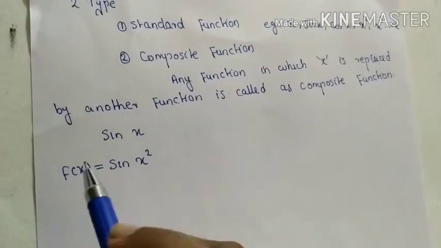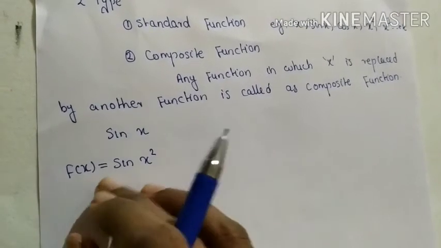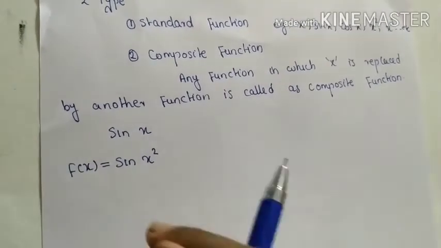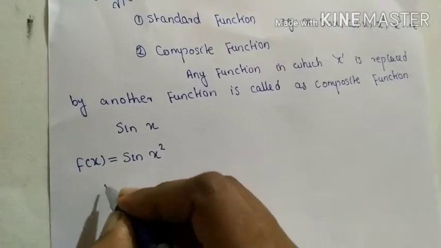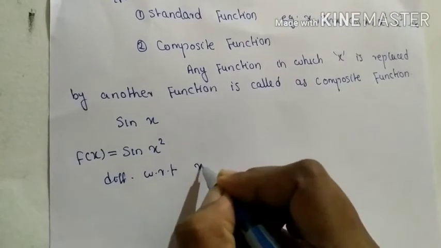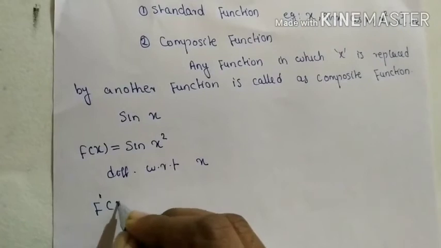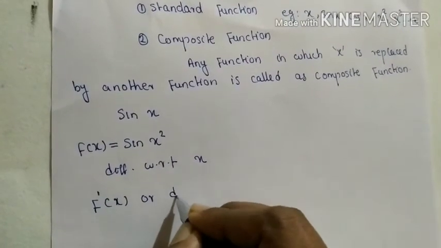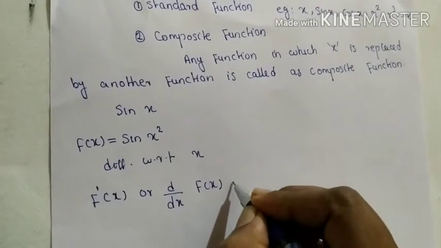Let us take our function sin x square. Differentiating this composite function with respect to x, it can be written as f dash of x or d by dx of f of x, which is equal to.